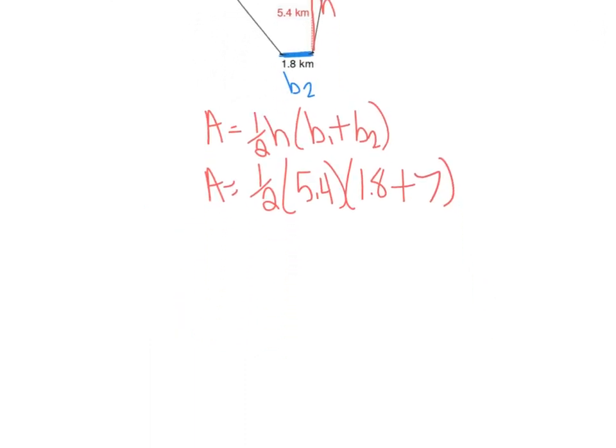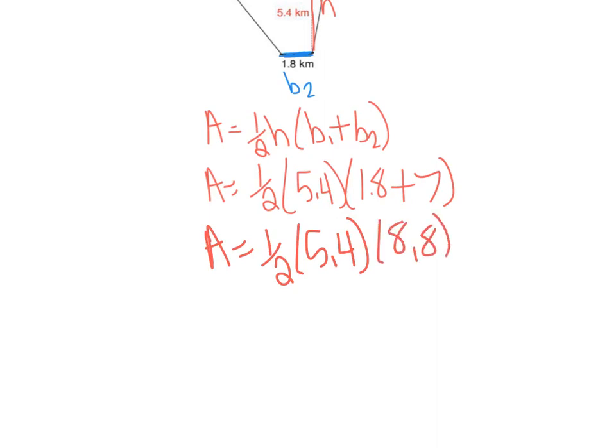Remember, order of operations, we do inside the parentheses first. So I'm just going to rewrite some of this because we need to add what's inside the parentheses first. 1.8 plus 7 is 8.8. Now we can multiply those all together, and we get 23.76 kilometers squared.